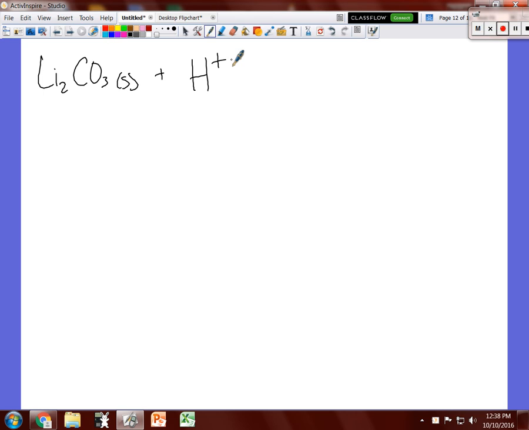Medicines used to treat bowel disorders are composed largely of lithium carbonate. If the tablet has a mass of 0.200 grams, and 92.5 milligrams of gas are produced, what is the percent of the medicine if composed of lithium carbonate? Okay, we've worked one just like this one. My first question is, what is going to be your other side?